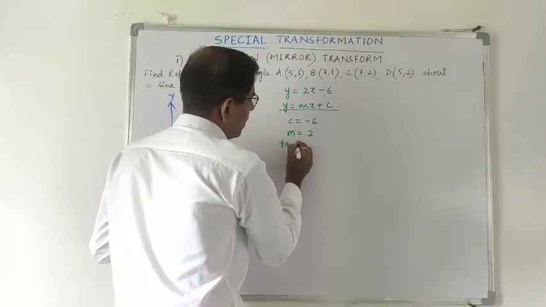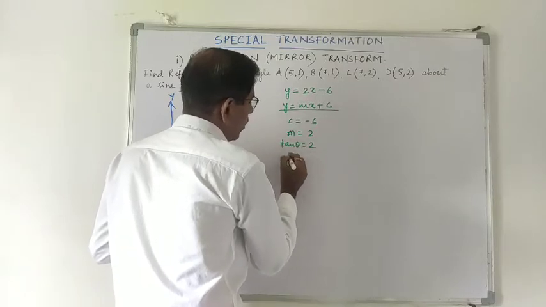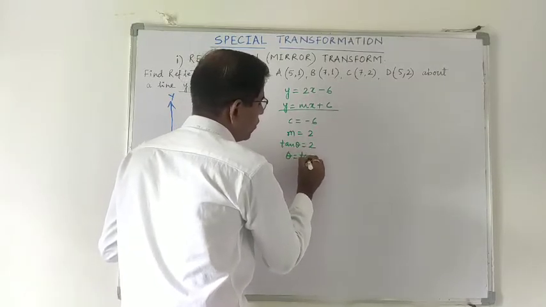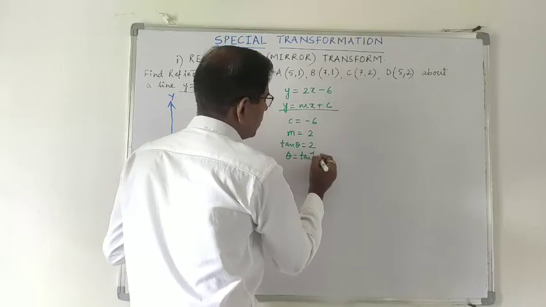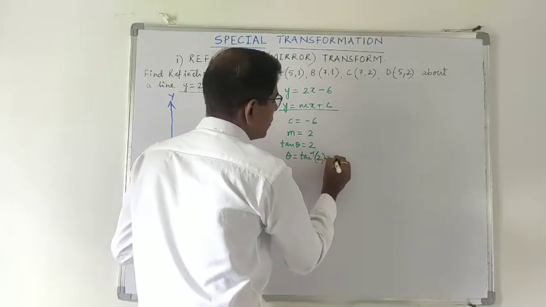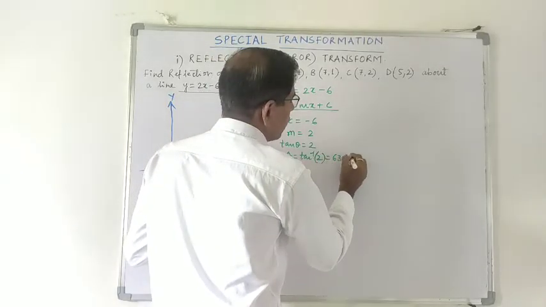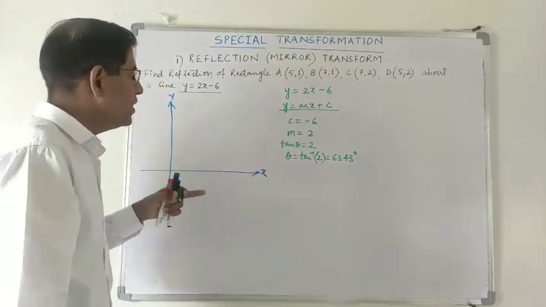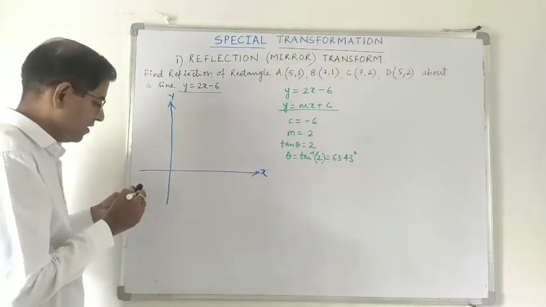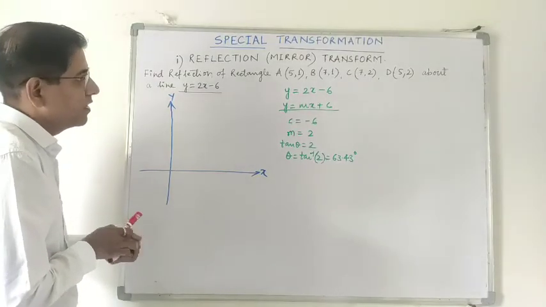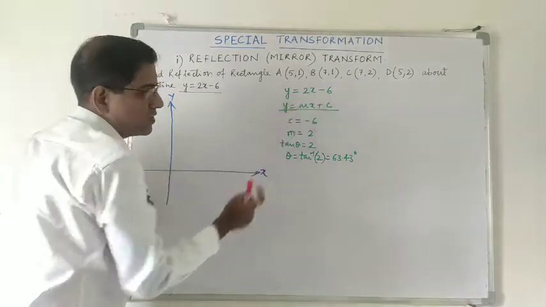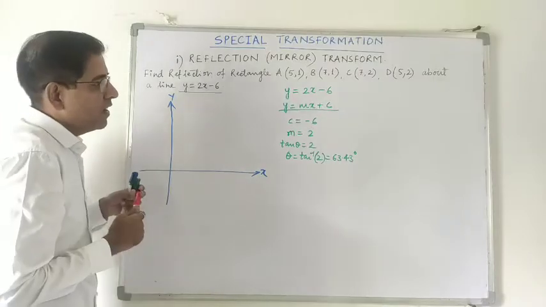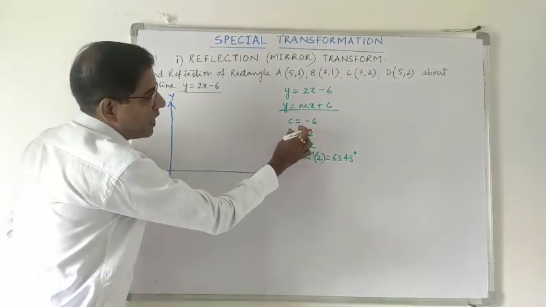So tan theta is equal to 2 and theta equal to tan inverse of 2, that is equal to 63.43 degrees. That means this line y equal to 2x minus 6 is passing through minus 6.